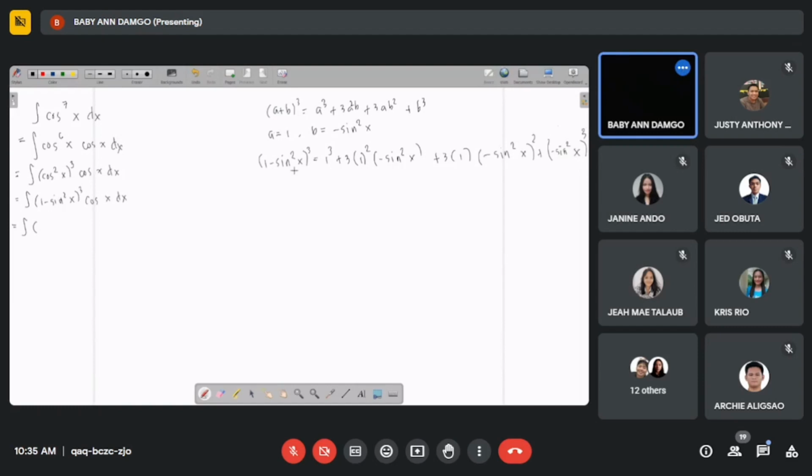Okay, so simplify, this is equal to 1 minus 3 sine squared x.